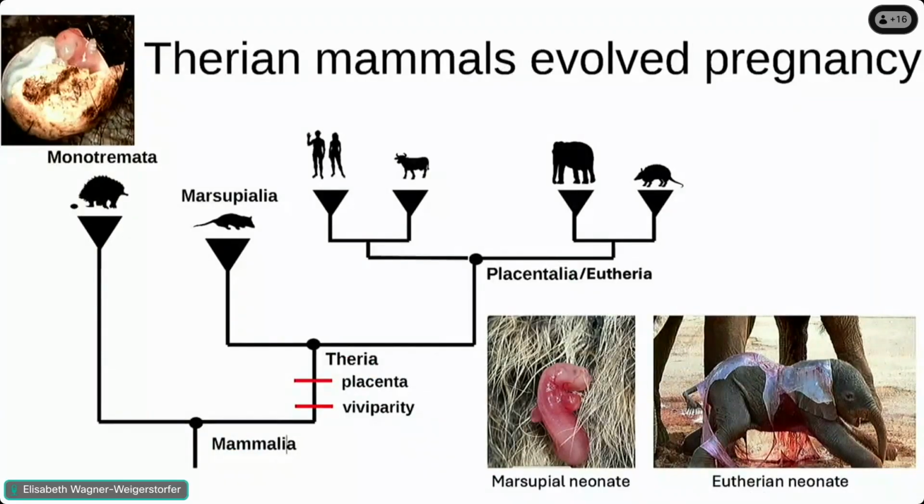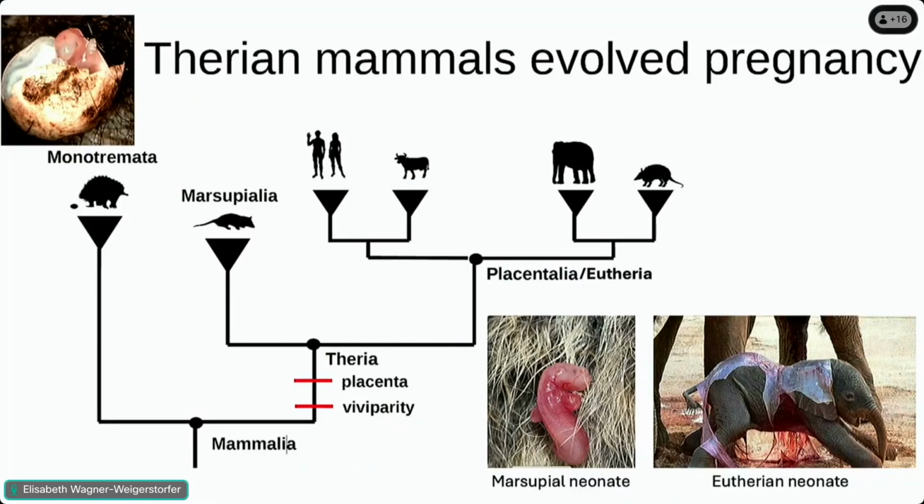And then you have the placental animals that you better call Eutheria, because otherwise you get into trouble with marsupial researchers who insist that marsupials also have a placenta, and therefore we cannot call them Placentalia. So based on this simple phylogeny, you can infer that viviparity, or giving birth to live offspring, evolved in the stem lineage of Theria, and also a placenta evolved. But there are major differences that I will talk about.